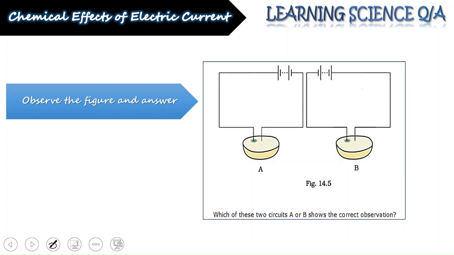Always remember the flow of electrons is from negative to positive, and the flow of current is just the opposite, that means from positive to negative. So always remember that this would be the flow of current, and in this figure A is showing the right observation. This shows the presence of a green coloration towards the terminal which is attached to the positive side of the battery.